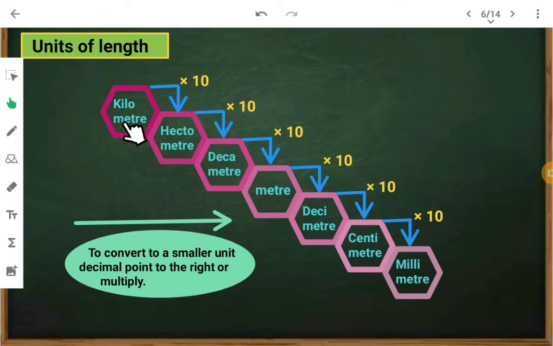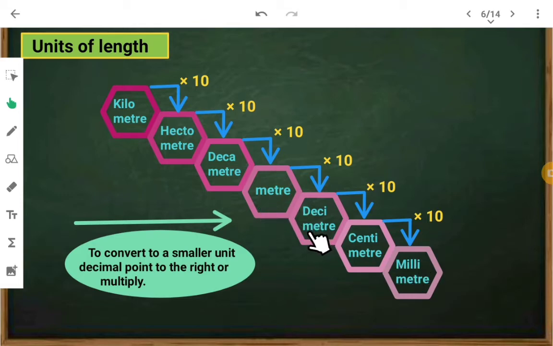While moving from kilometer to decameter, we are moving 2 steps. So how many tens do we have to multiply? 2, that is 100. While converting kilometer to decameter, we multiply by 100. If I am converting a meter to millimeter, how many steps are we moving? 3 steps, right?